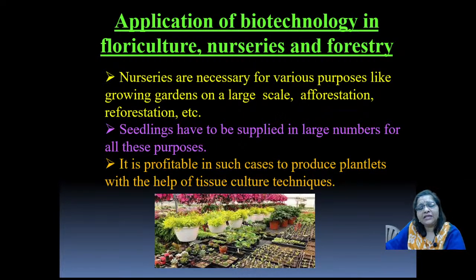So these nurseries contain a large number of such plants. It is profitable in such cases to produce plantlets. Now, in this case, nurseries require to produce lots of plantlets by tissue culture techniques.